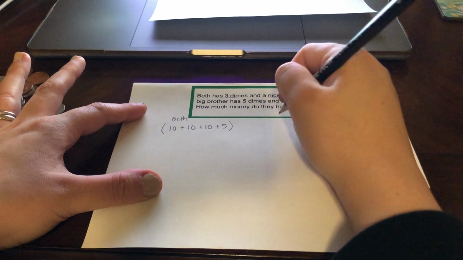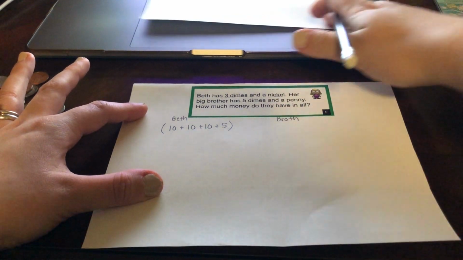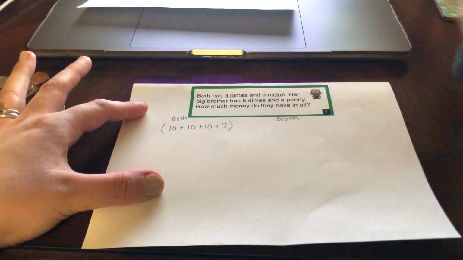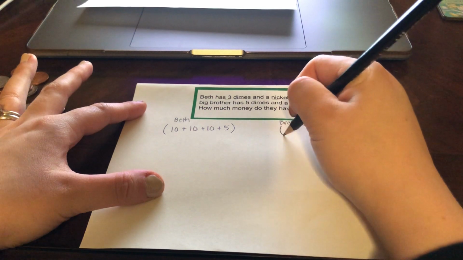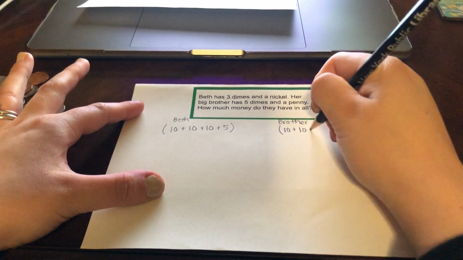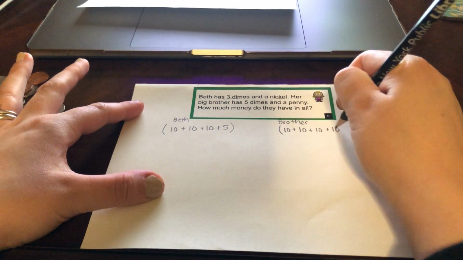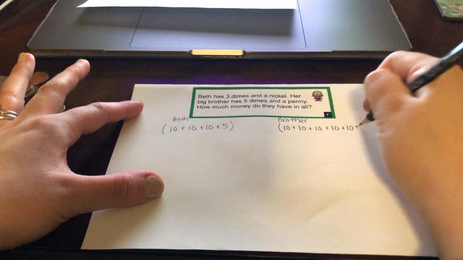Her big brother has, so I'm going to put brother on my paper. Her big brother has 5 dimes, so that's 10 plus 10 plus 10 plus 10 plus 10, and a penny. I know that a penny's value is 1.